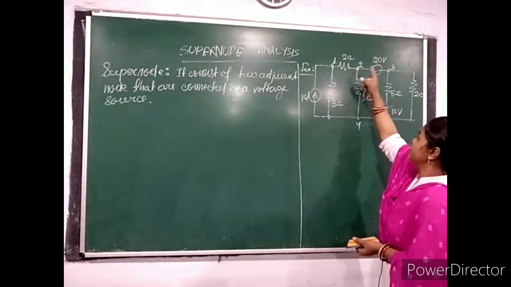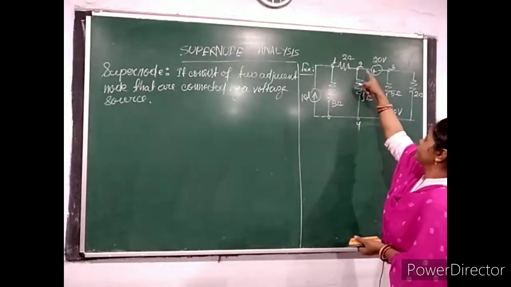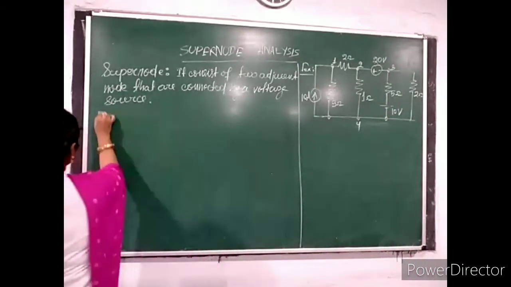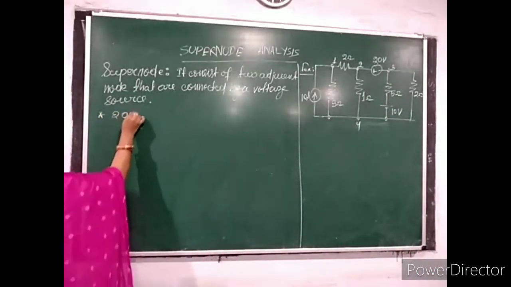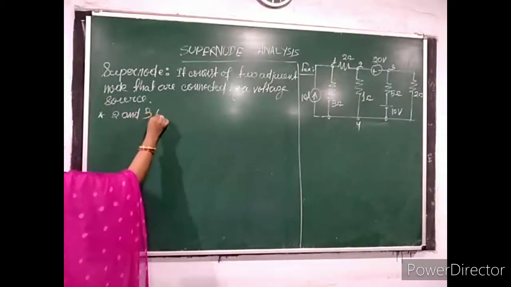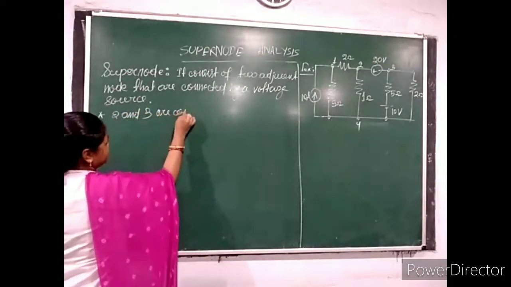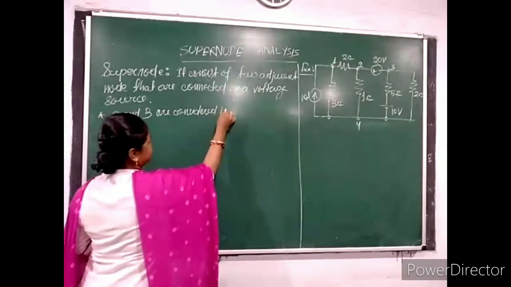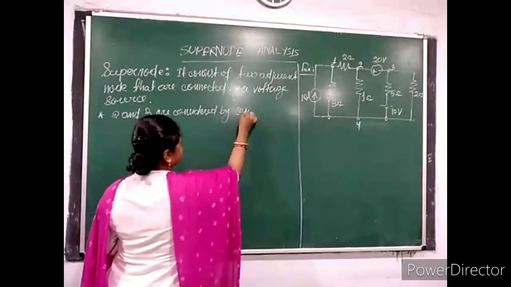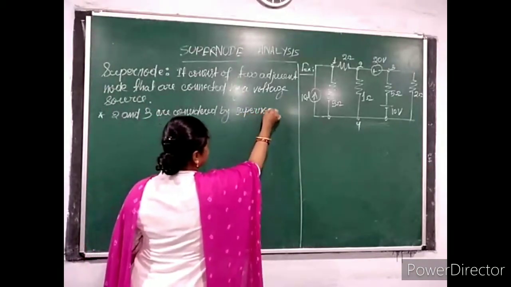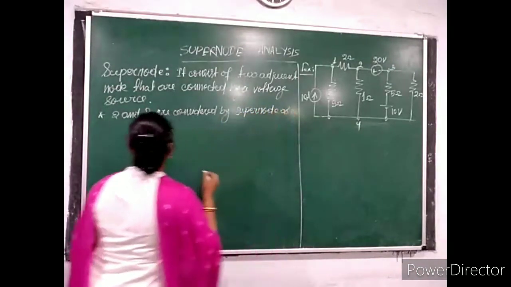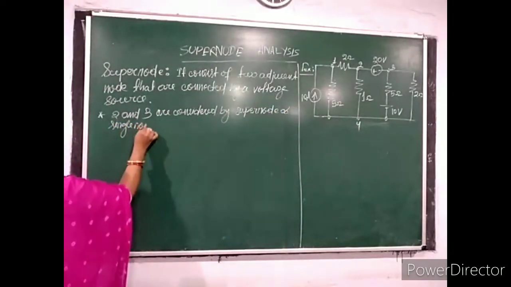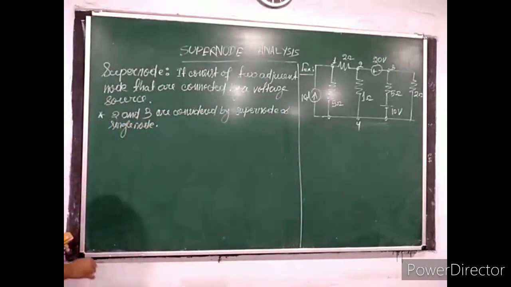So here in this example circuit, nodes 2 and 3 are considered as a supernode, or single node.